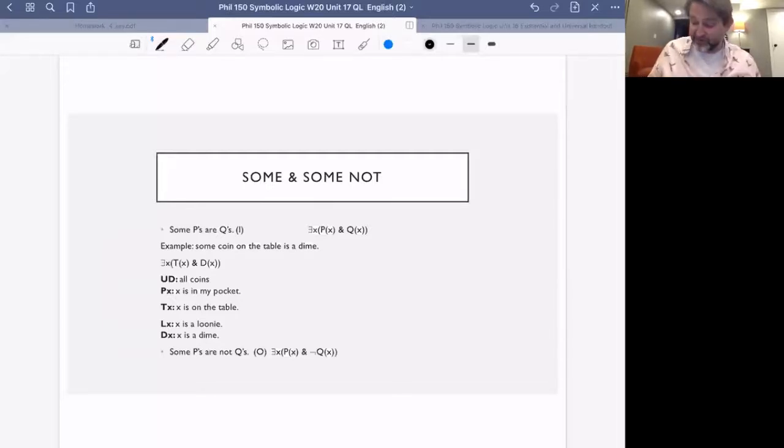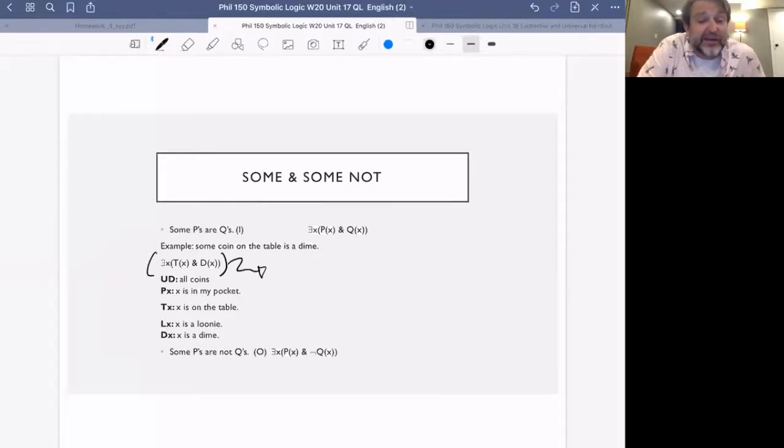So we might symbolize this as follows: there exists some x such that x is on the table, and x is a dime, right? That would say some coin on the table is a dime, and that is what we're looking for there. So this is the correct form of translation for some coin on the table is a dime, or in general, for some P is Q, okay?